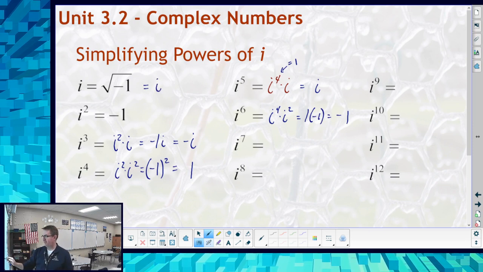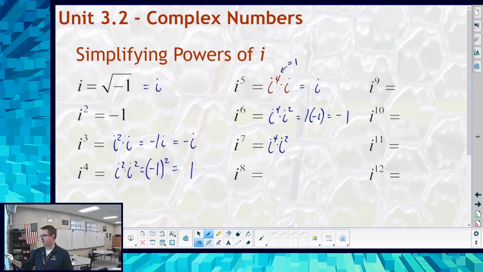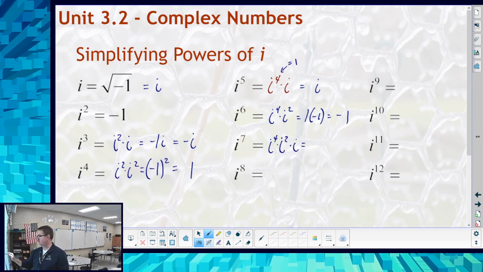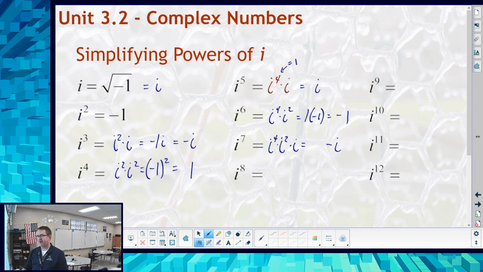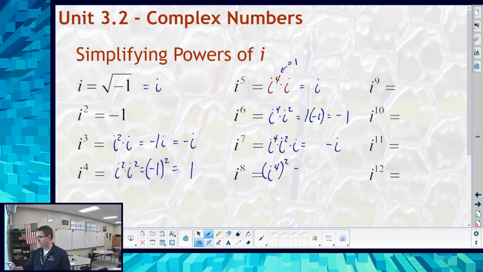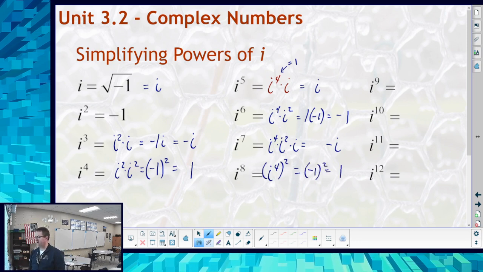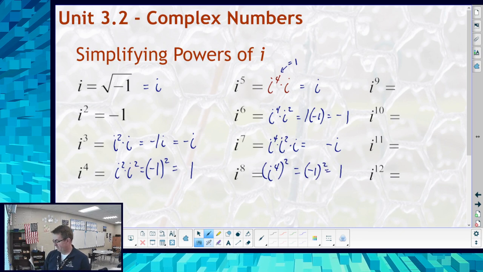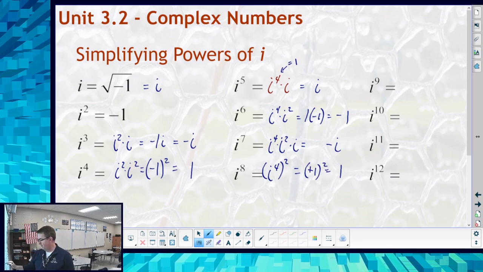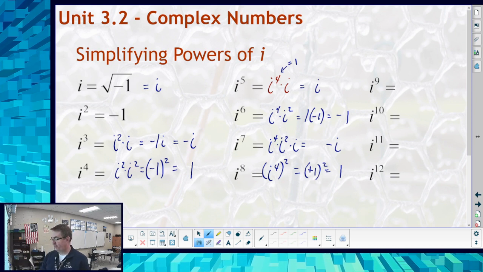I to the seventh is i to the fourth times i squared times i, so that's just going to become the opposite of i. I to the eighth is i to the fourth squared. Sorry, that's not going to be negative 1 squared, that's going to be positive 1 squared, which is just 1. Apologies. And this pattern is going to hold true.